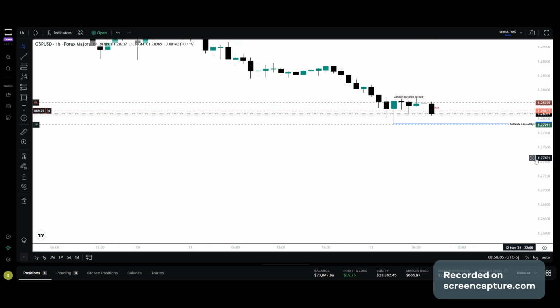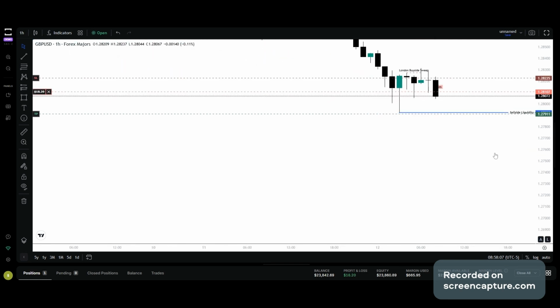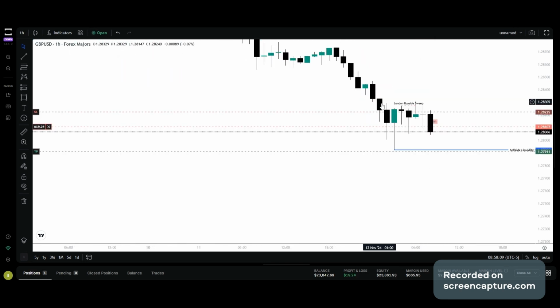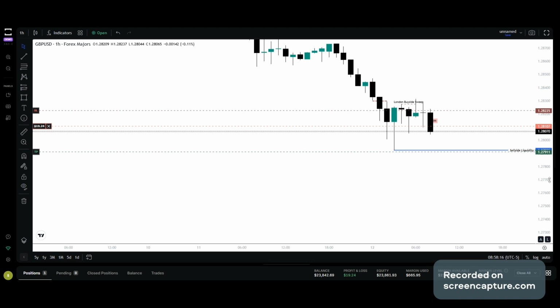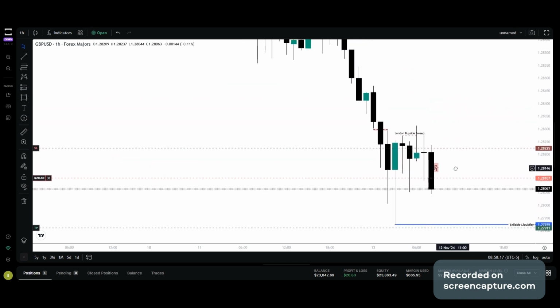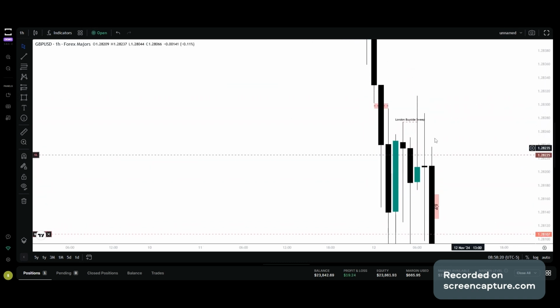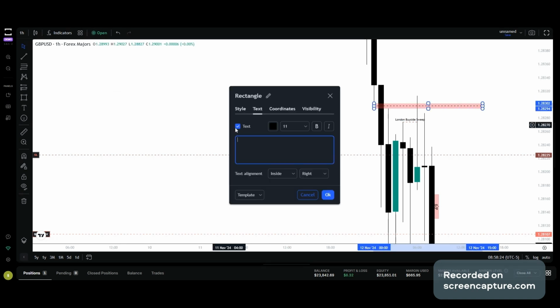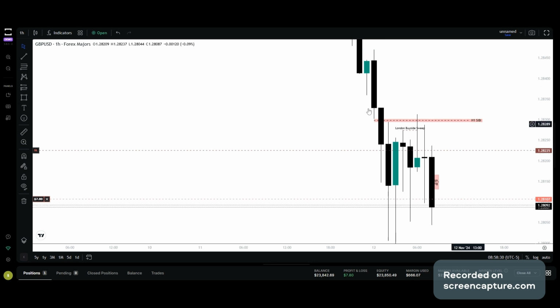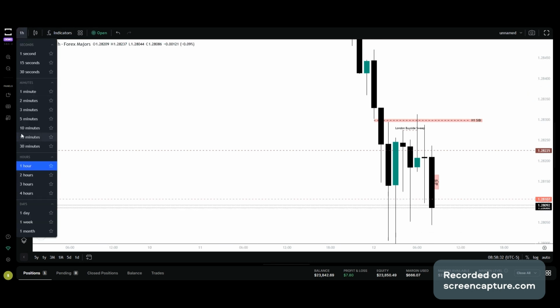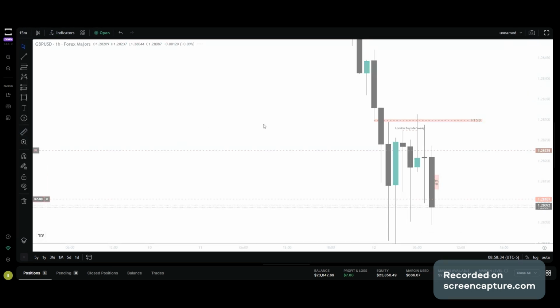We go to the hourly. We have this hourly imbalance. H1 SIBI. Sell side imbalance, buy side inefficiency. And then from that SIBI, go down to the 15 minute.